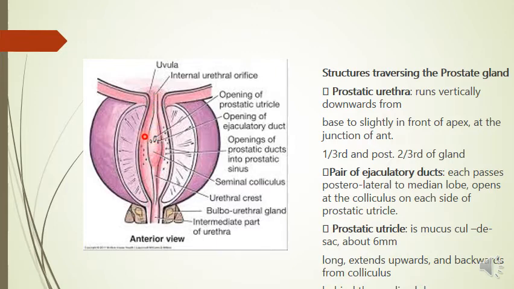You can see the openings of the prostatic ducts into the prostatic sinus, this one here, and a pair of ejaculatory ducts are seen, openings of ejaculatory ducts, and above and behind we will see the prostatic utricle. So these are the structures passing through the prostate gland.